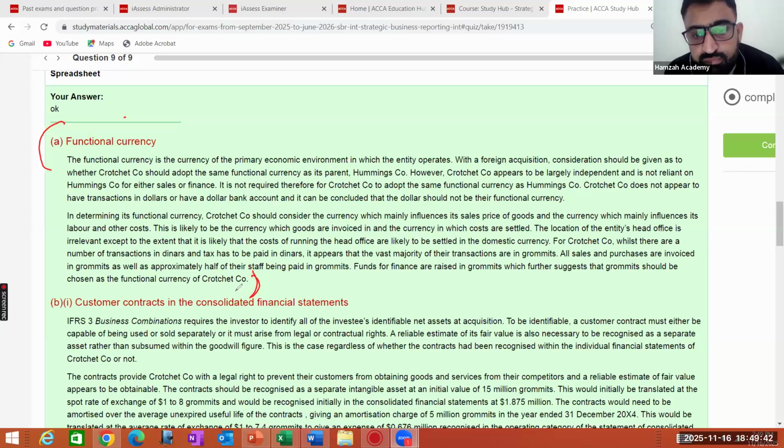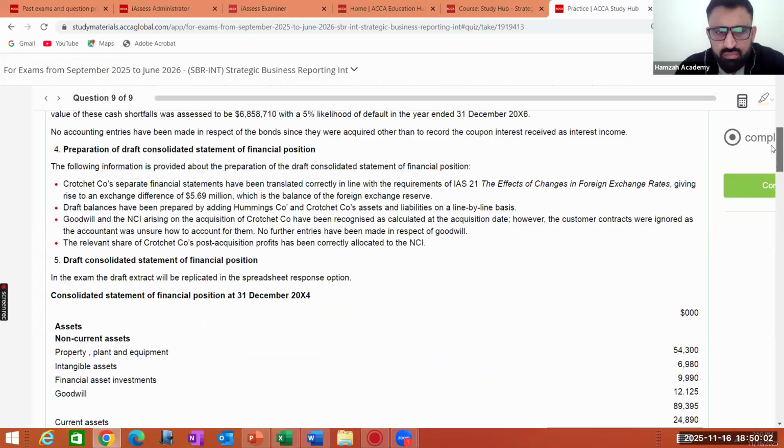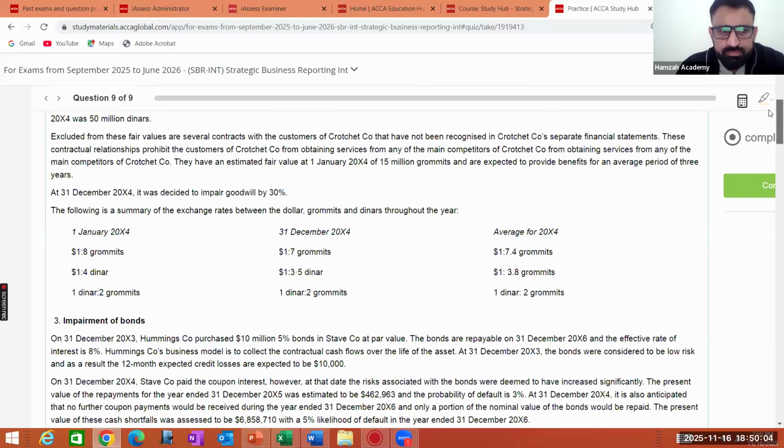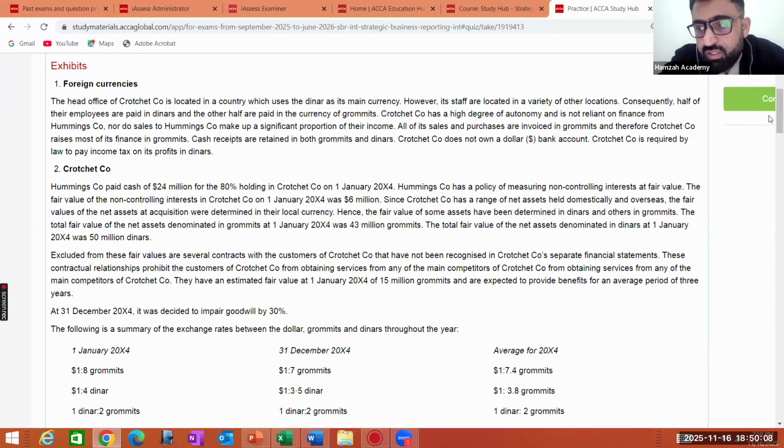So we will conclude at the end that the grommet should be treated as the functional currency of the C company, of the subsidiary company. You got it? Any questions?